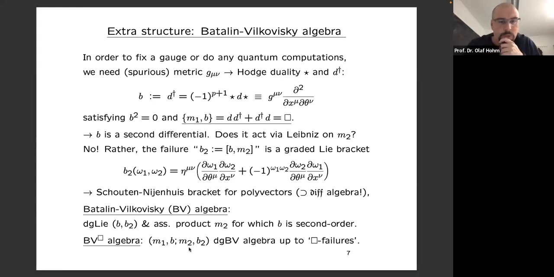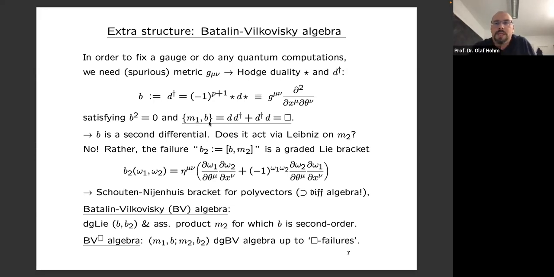Okay, but here we should remember that there's even more structure, because there's also the M1, the original differential, the D. So if I have two differentials of opposite degrees, and a product and a bracket, an associative product M2 and a Lie bracket B2 that satisfy suitable relations, this would be called by mathematicians a differential graded BV algebra, because it's a BV algebra with an extra differential.